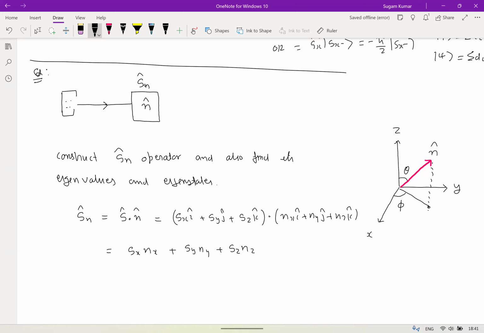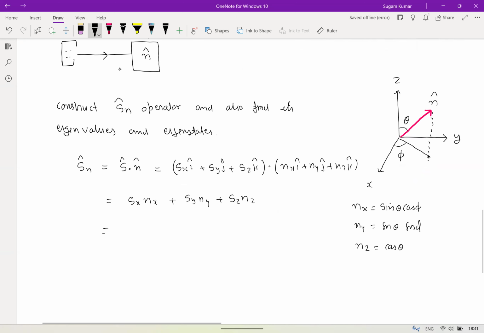And you can see that the x component will be what? This is going to be sine theta and cos phi, correct? Similarly, ny component will be sine theta and sine phi, and nz will be simply cos theta.